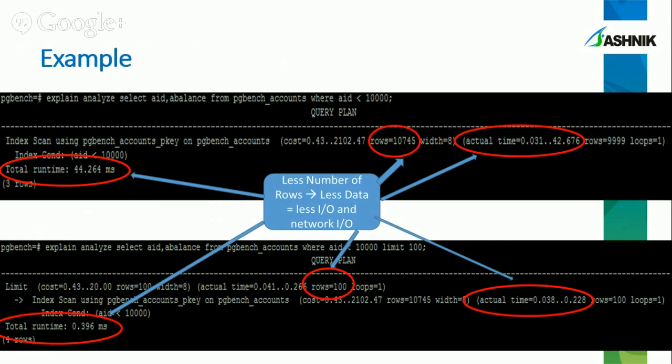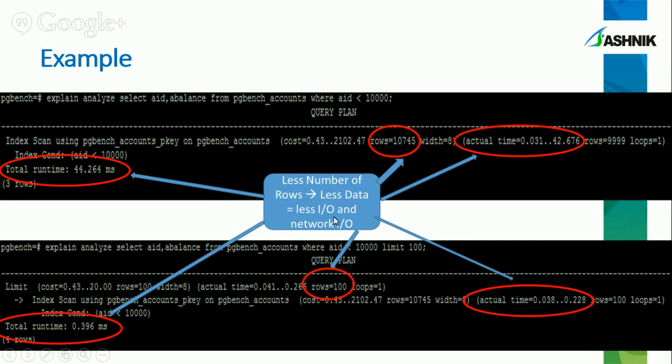So let's look at an example. When we look at this example, I have fired the very same query, but instead of selecting all the rows, I am trying to limit the record set and make it 100 instead of selecting everything. So you see that immediately from almost 11,000 rows, my number of rows have come down to 100.